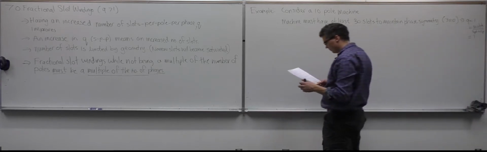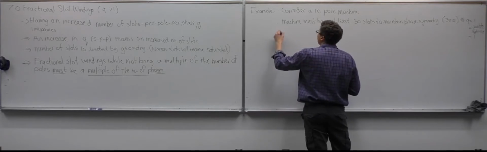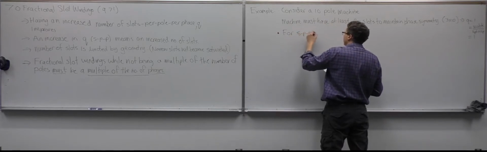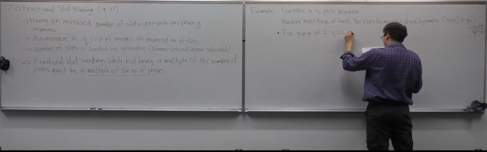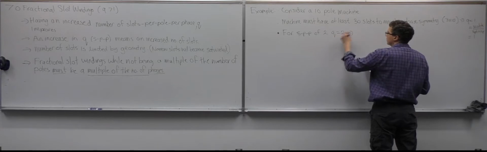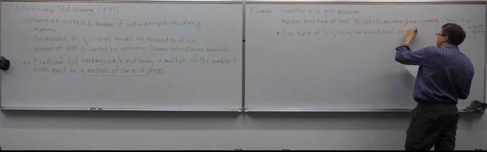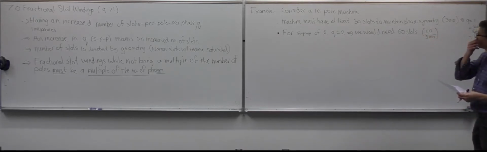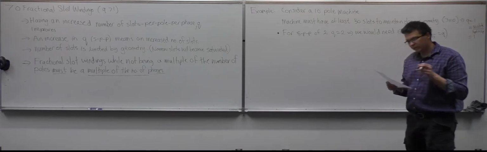Now if we had slots per pole per phase of 2, Q equals 2, we would need 60 slots, because 60 divided by 3 times 10 gives Q. But we may not be able to have 60 slots.